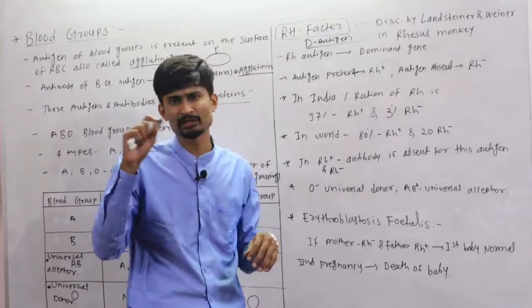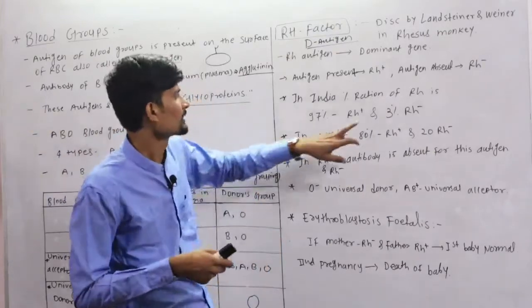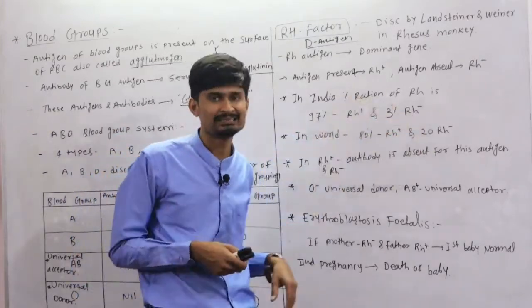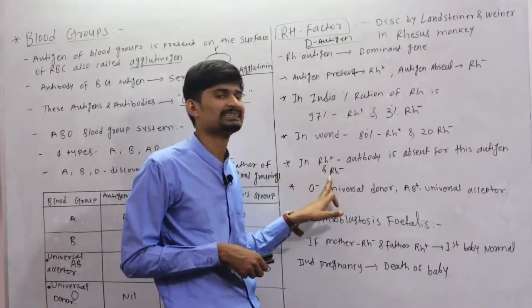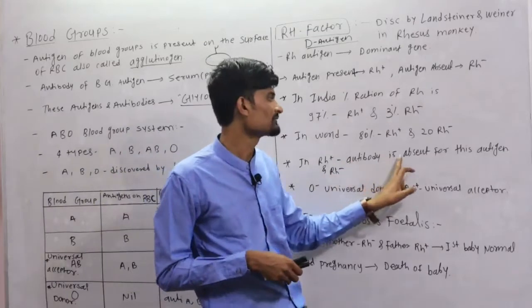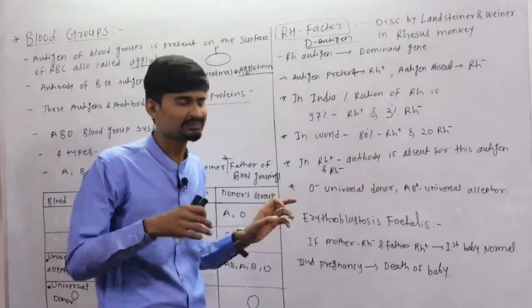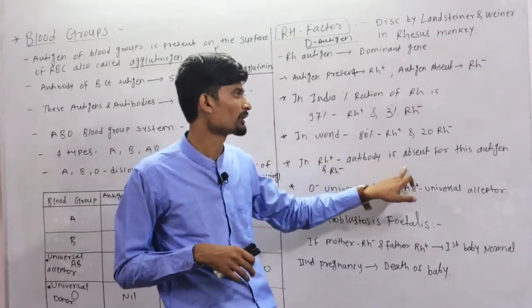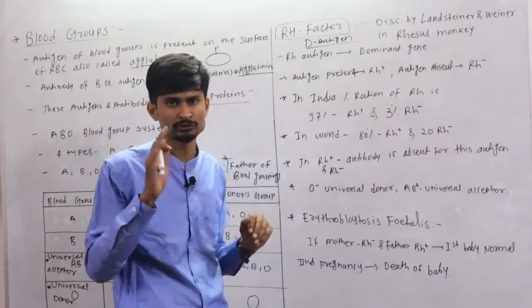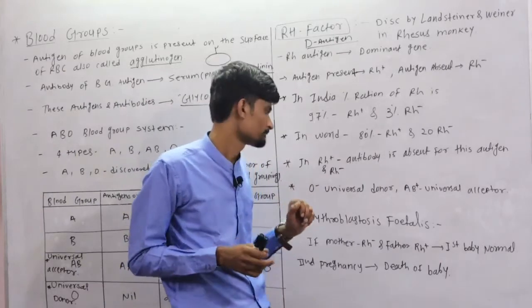So that is why the negative blood group is rare, because the population of negative is very less. Now for RH positive and RH negative, antibody is absent, meaning for this antigen, that is antigen RH, there is no antibody for these antigens, students. So this point is also important.